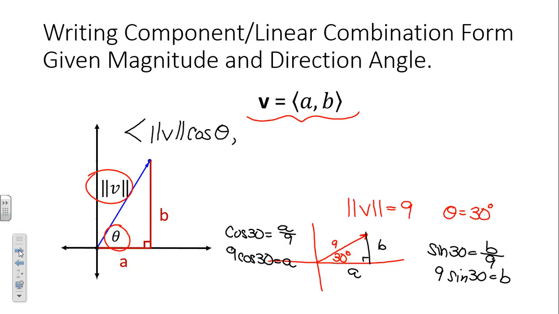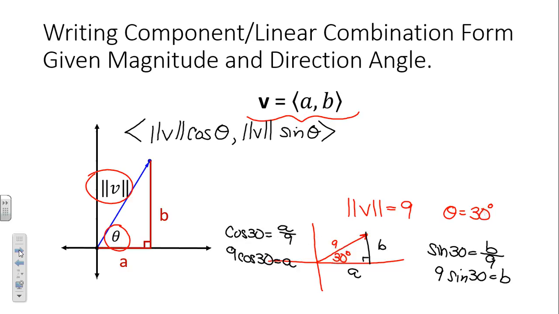And when we want to find the vertical component, we take the magnitude times the sine of the angle. Make sense? Okay.